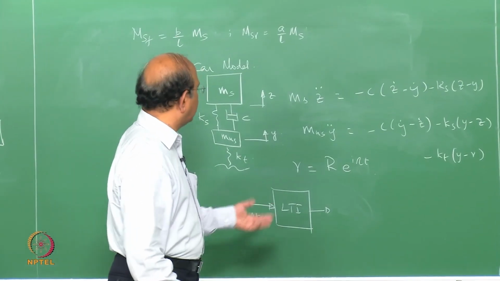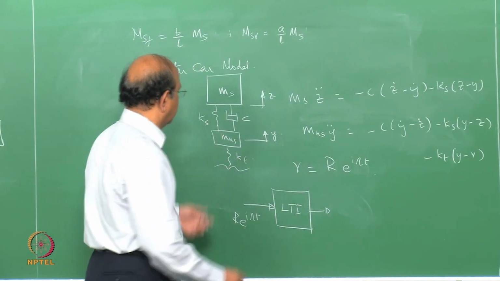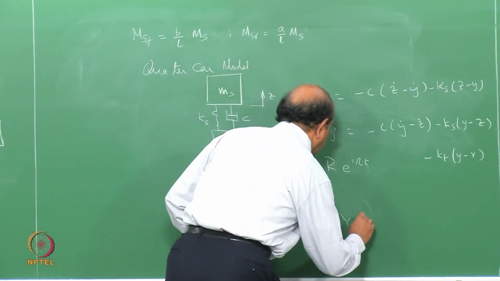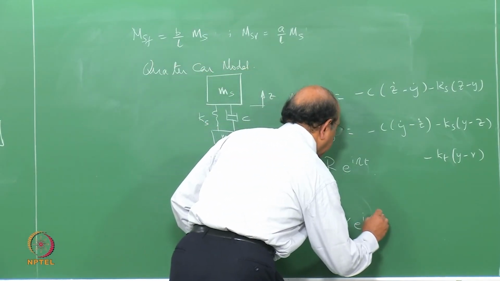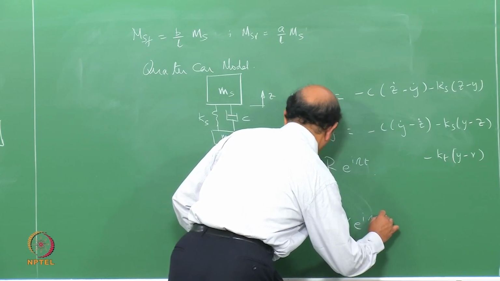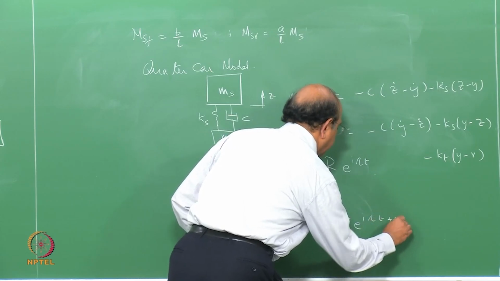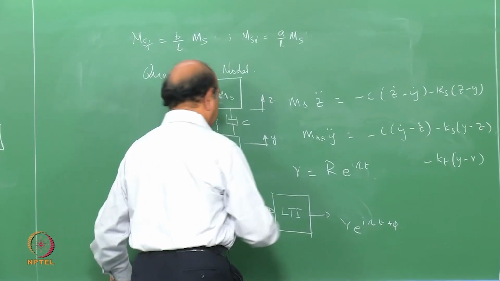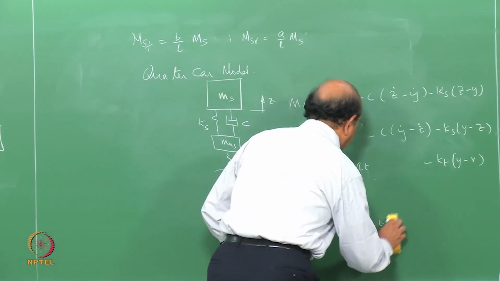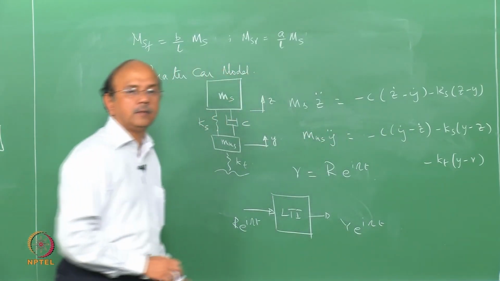So, let us call that, for example, y e power i (omega t plus phi), which I would combine together and write as Y e power i omega t.